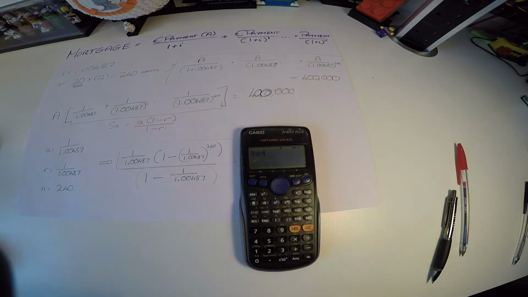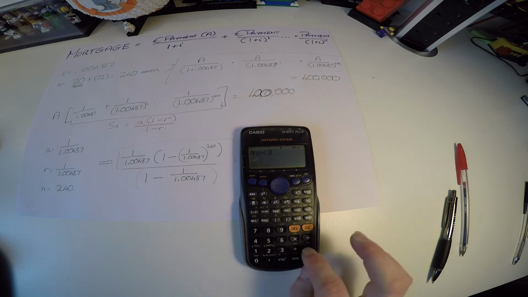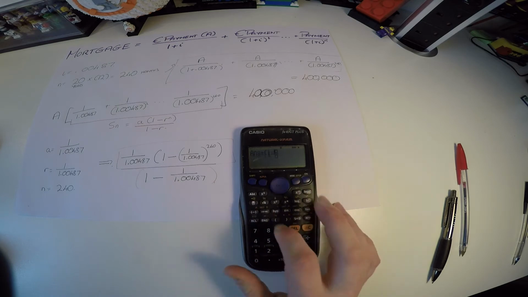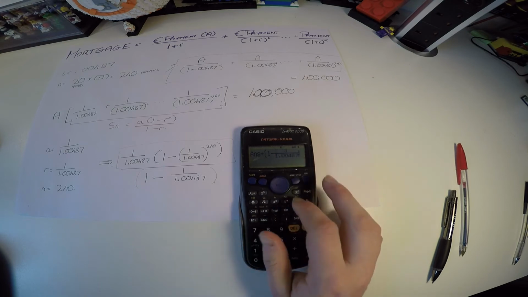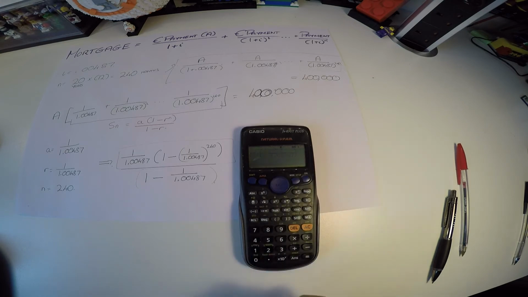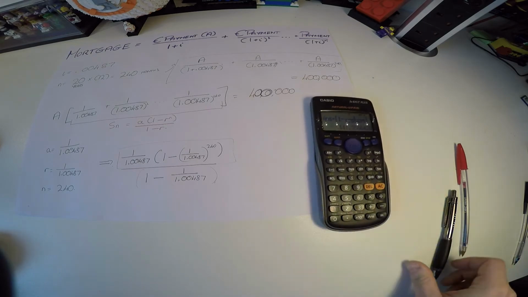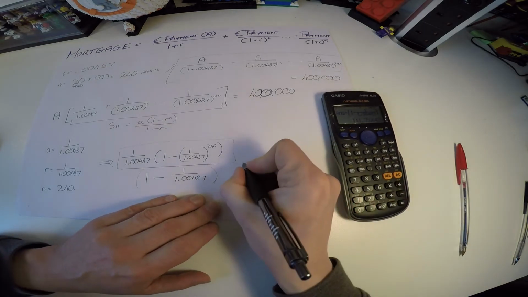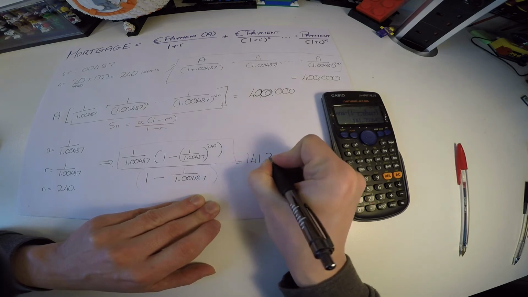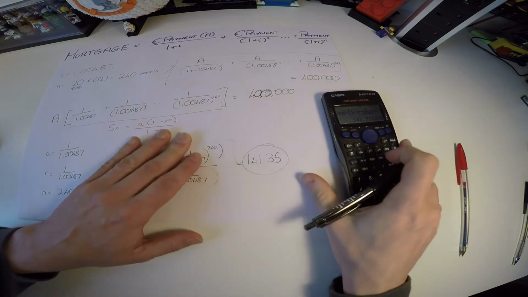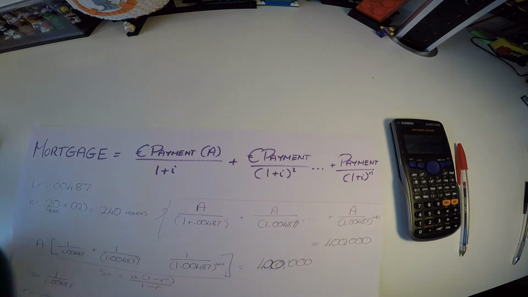Now we'll divide that by brackets 1 minus 1 over 1.00487, equals, and we get this amount of 141.35. So this stuff is equal to 141.35. But of course I know that's not what I'm looking for yet.